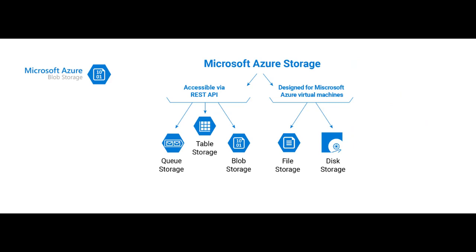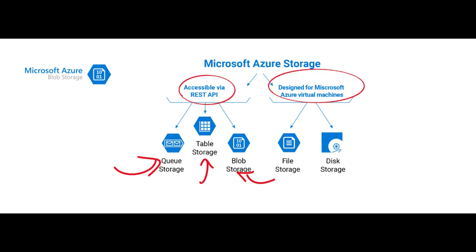When you're thinking about storage options available in Azure, think of it this way. We have storage options that are accessible via REST API, and those include your queue storage, your blob storage, and your table storage. And then there are storage devices that are designed for Azure VMs, your disk storage and your file storage.